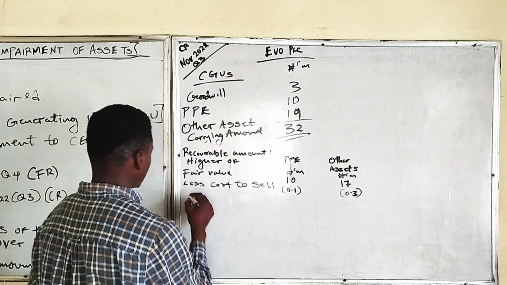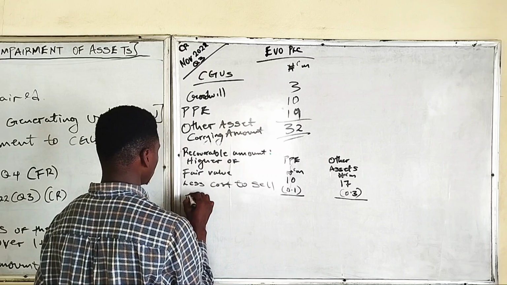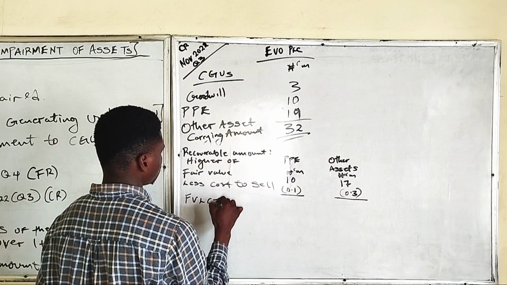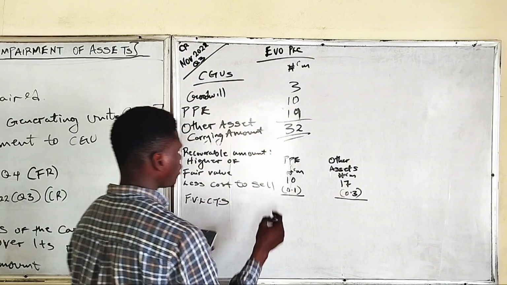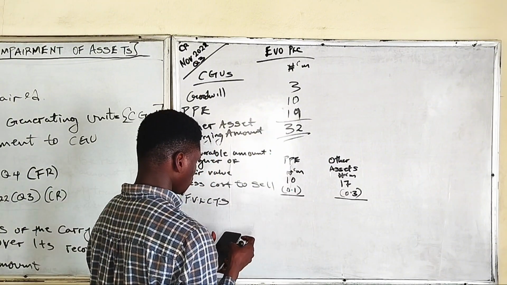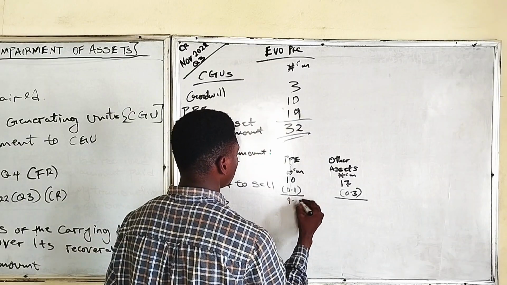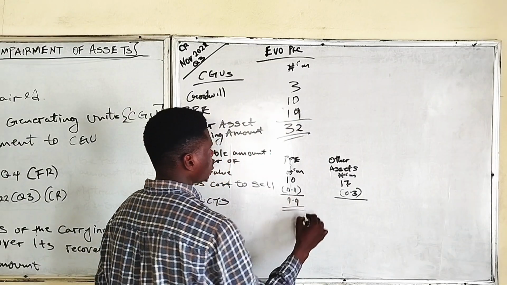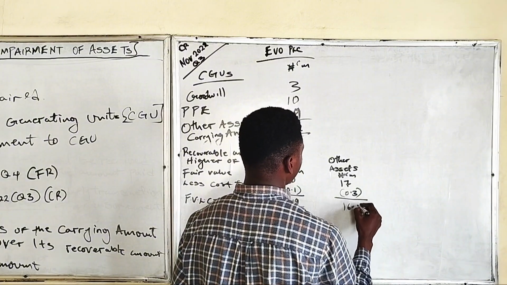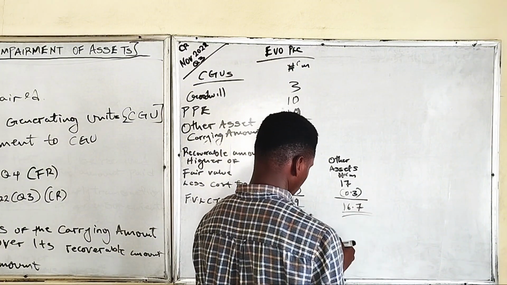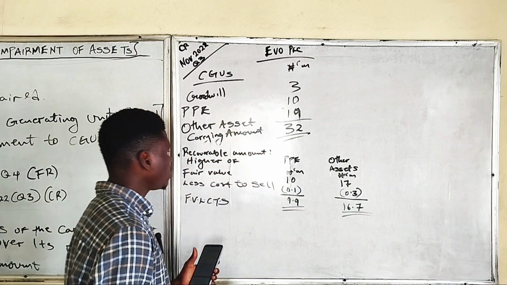So the fair value less cost to sell now becomes 9.9, and this becomes 16.7. So that will give us the fair value less cost to sell.